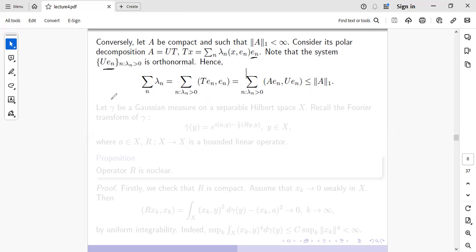In fact, U is defined on the range of T, so we take only n for which lambda_n is bigger than 0, such e_n belong to the range of T. And then the sum of lambda_n is the sum of inner products. Then we can apply isometry U to both multiples and get the sum of (A e_n, U e_n). Such a sum is less or equal than the nuclear norm because both systems are orthonormal.